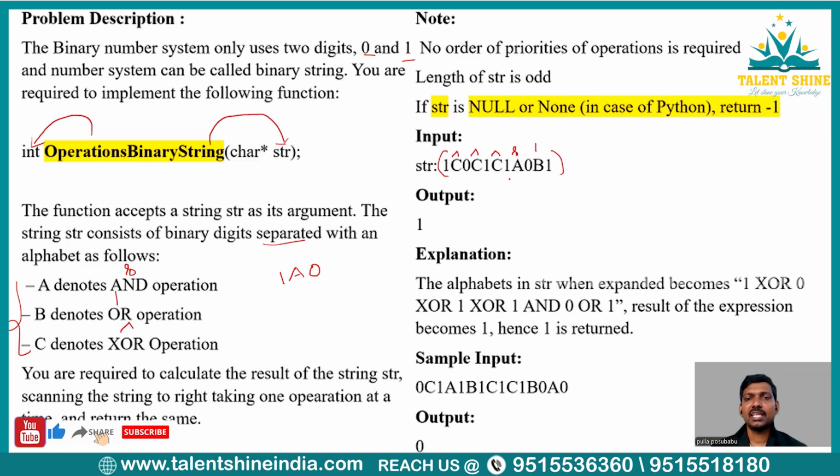I hope everybody is clear. Prior to solving this binary string to get the output as one, you have to be familiar with how bitwise XOR, bitwise AND, and bitwise OR are working.